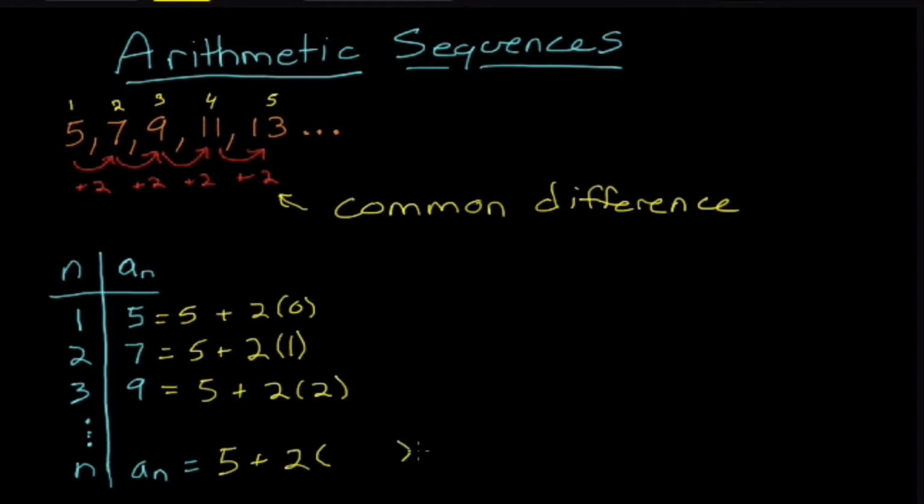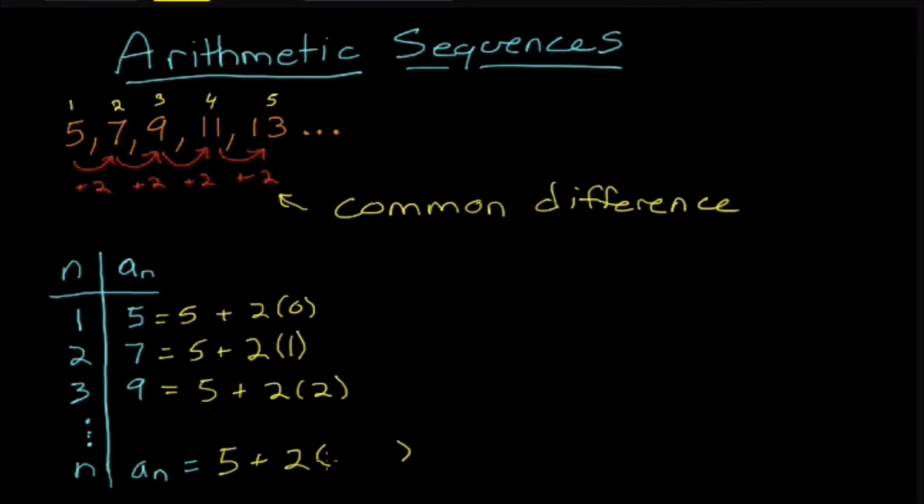And how many times are we adding the common difference? So let's analyze the relationship between the number of times we're adding the common difference and the value of n, the term number. So if in the first term we're adding the common difference 0 times, the second term we're adding the common difference 1 time, the third term we're adding the common difference 2 times, so it seems like we're always adding the common difference 1 less time than the term number.